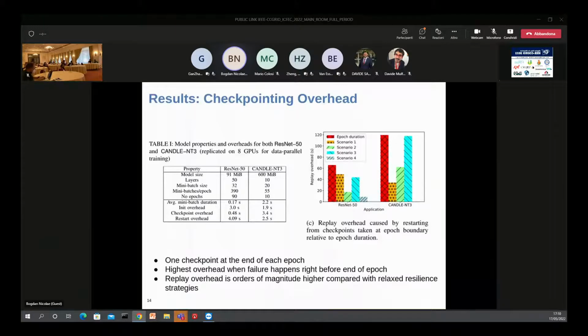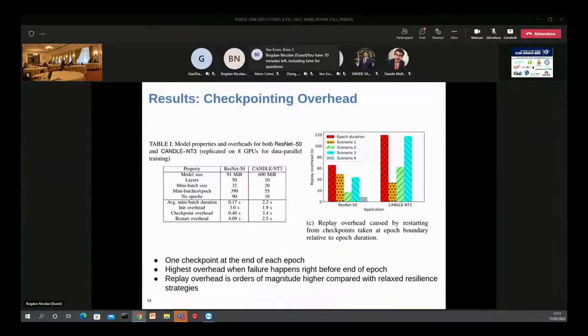The parameters of the model and the overheads are listed in the table on the left. We have checkpointing overheads and restart overheads in the order of seconds. At first sight this may not seem significant, but if we want to checkpoint frequently, then these overheads will add up over a long training duration.